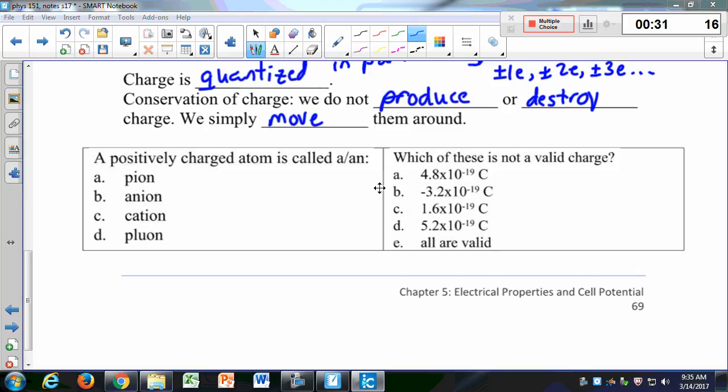Feel free to turn to your neighbor and tell them what you put. All right, I'm going to stop at 57.